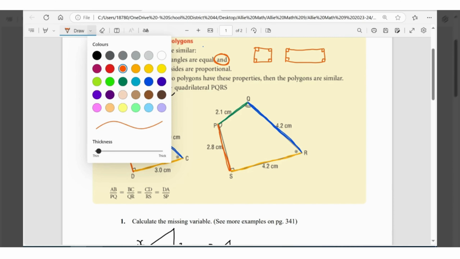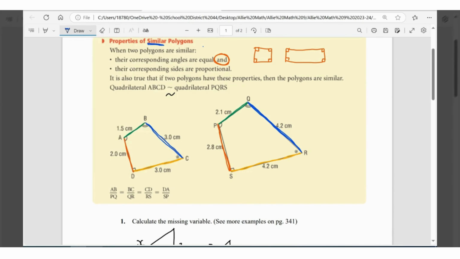And we can check. How we can check is by seeing if they make equivalent fractions. So AB is 1.5 over PQ is 2.1. Should be equal to BC, which is 3.0 over QR, which is 4.2.